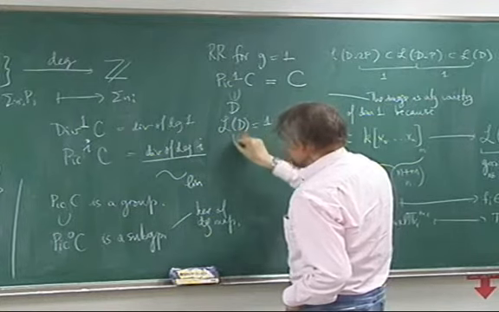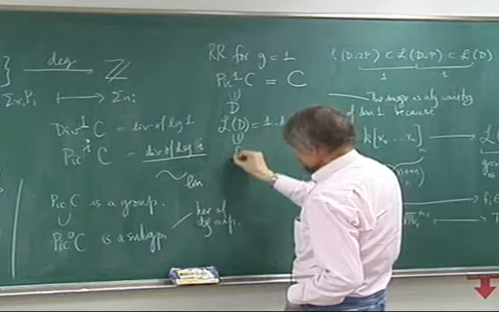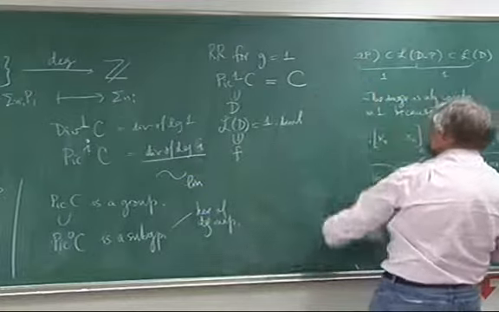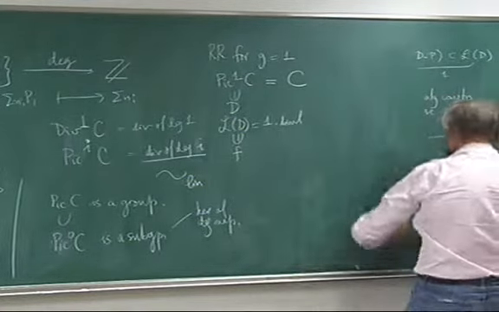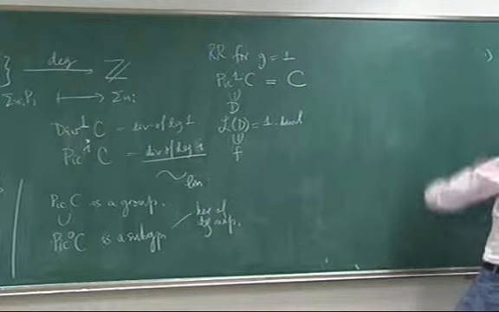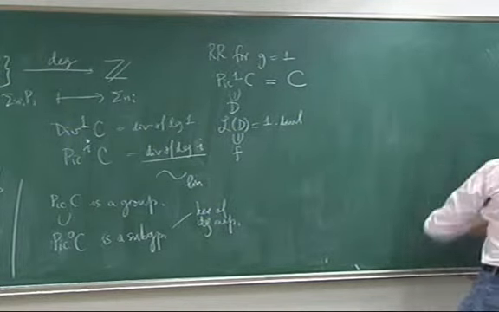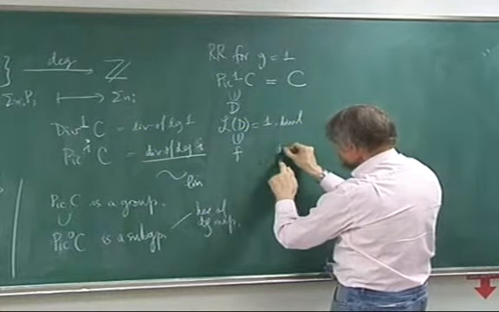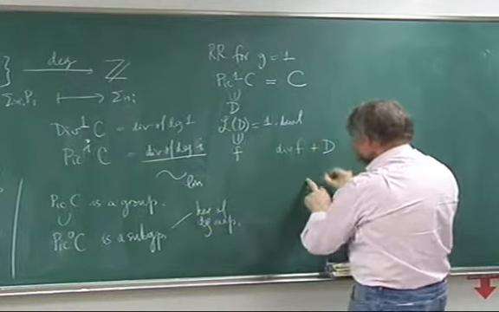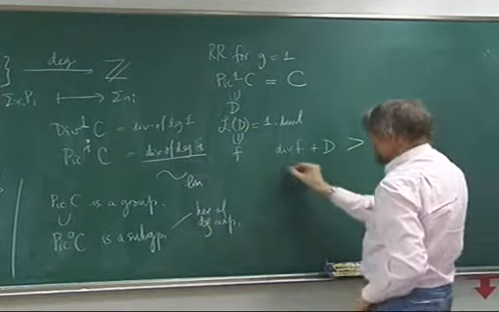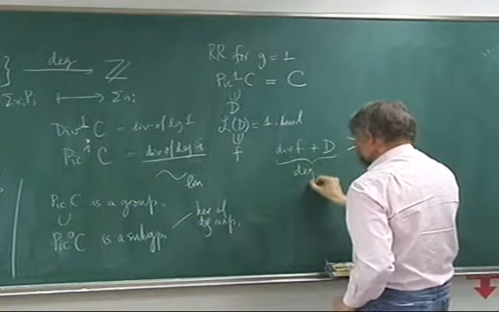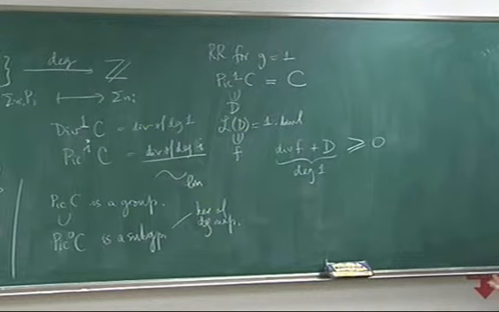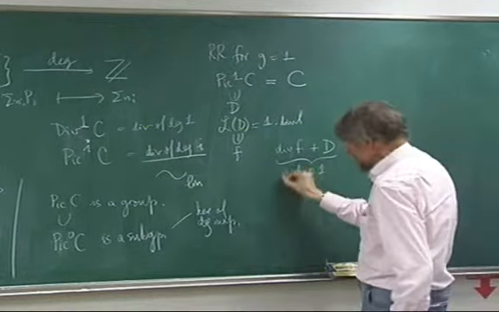So if I take an f in there, this is a one-dimensional vector space, so one element is a basis. It's defined up to scalar multiplication. I take something in this one-dimensional space and I write down div f plus D. This is greater than or equal to 0, and this is of degree 1. So it's an effective divisor of degree 1, and therefore it's equal to P. Therefore it's P in C.